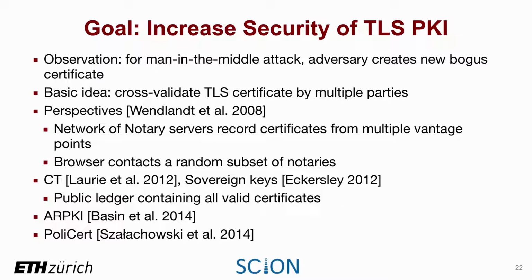The Perspectives system by Wendlandt et al. was a system that provided a network of notary servers to record certificates from multiple vantage points and report these to browsers. Essentially in Perspectives, if a certificate has not been seen by the network of notaries, then the certificate was not trusted.